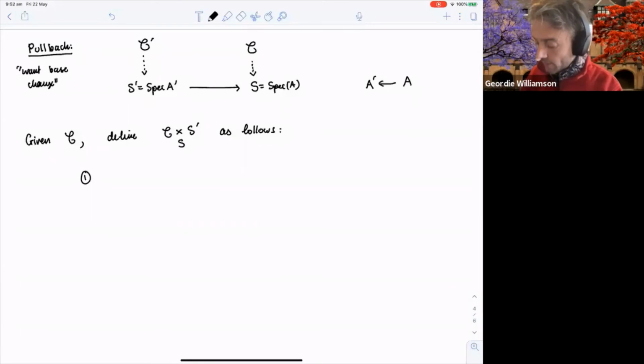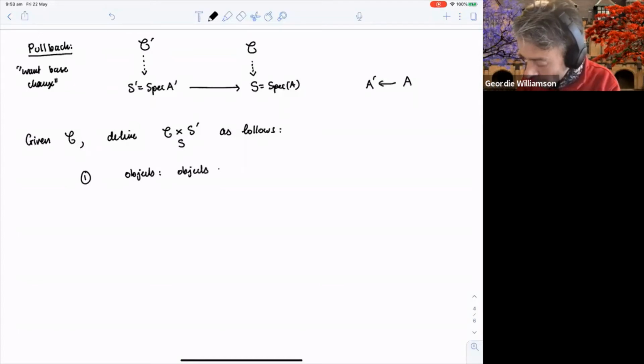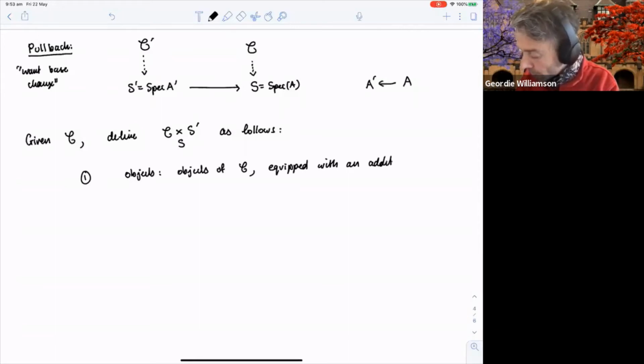So the objects are simply the objects of C. But they're equipped with an additional action of A prime.